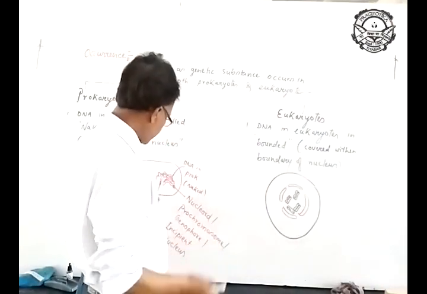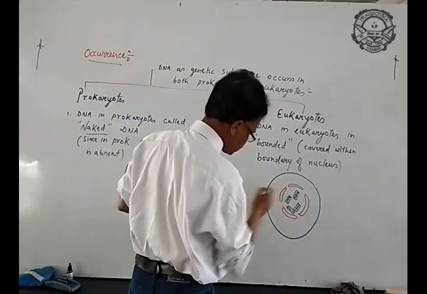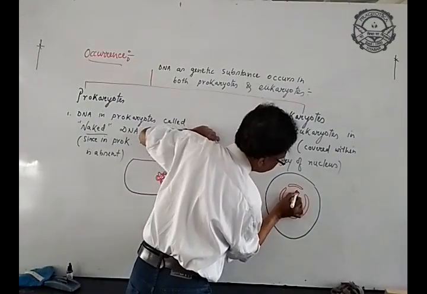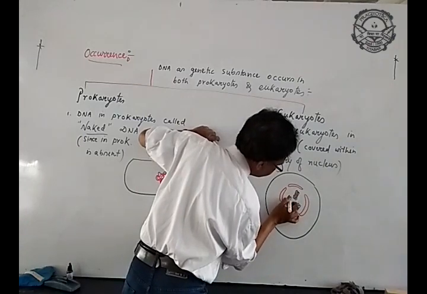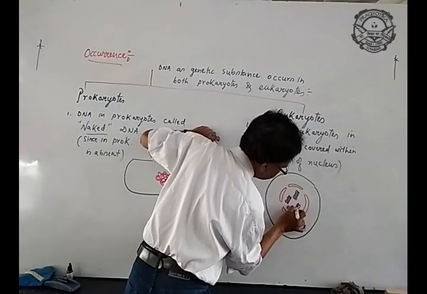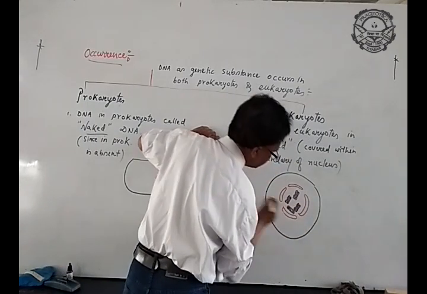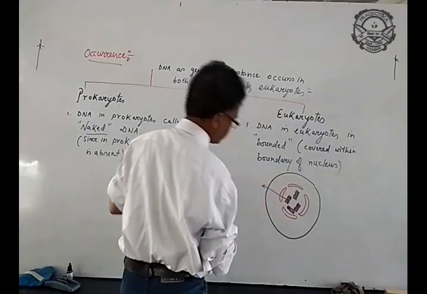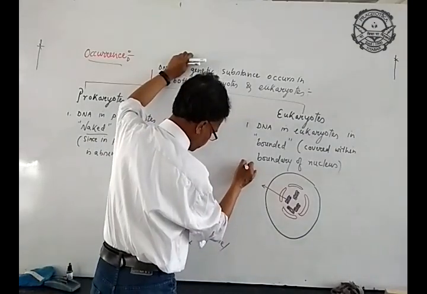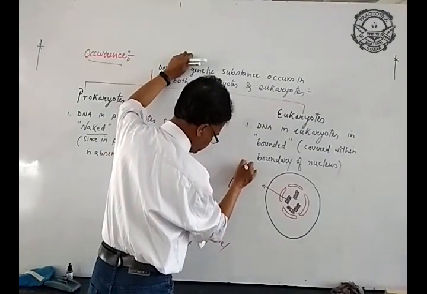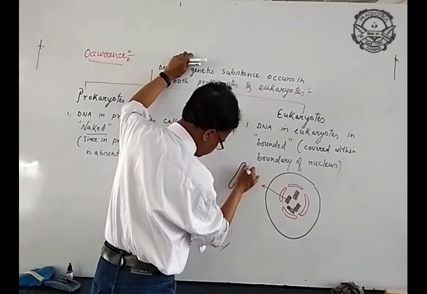Ultimately, in the eukaryotic cell, DNA occurs here inside the chromosome. If we expand and magnify one pair of chromosomes under the electron microscope, it will appear like this.